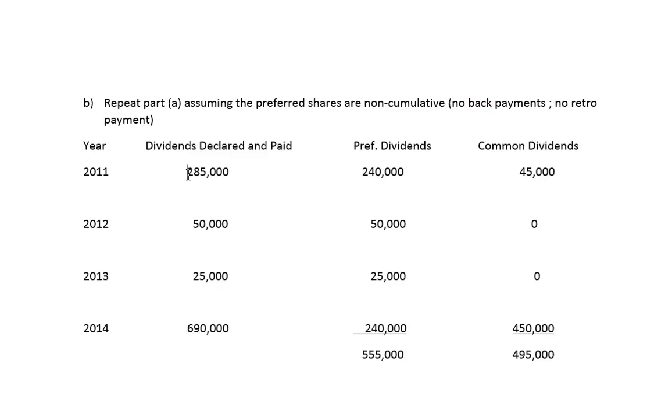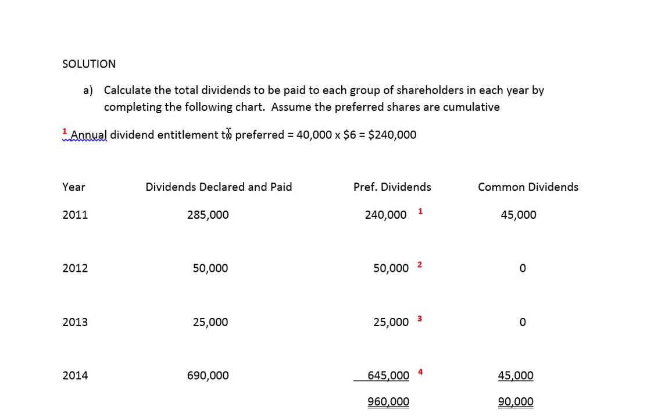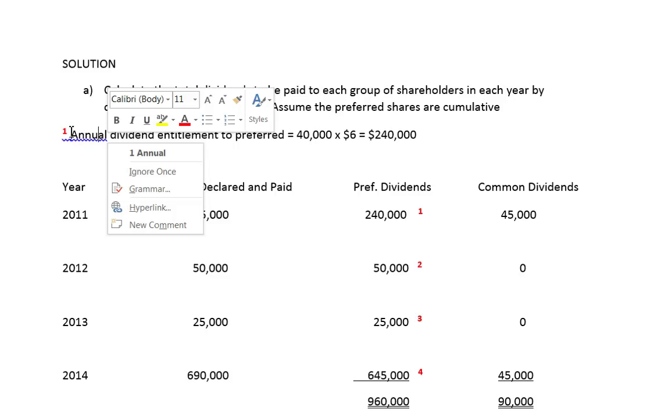So now, if we declare 285, preferred shareholders get their regular entitlement, which is 240. That's 40,000 shares, right? So we're still working with this information. The annual entitlement is $240,000. That hasn't changed, right?